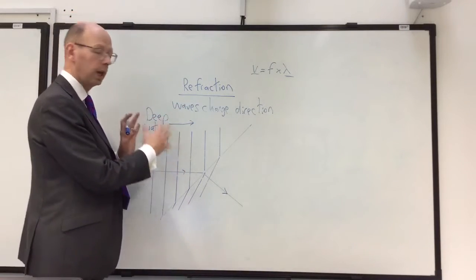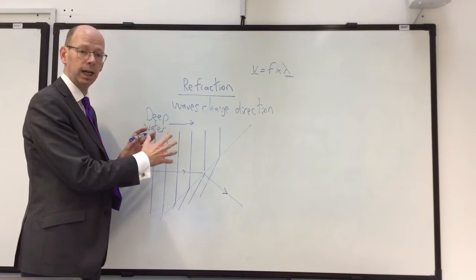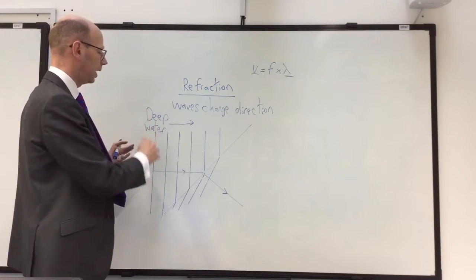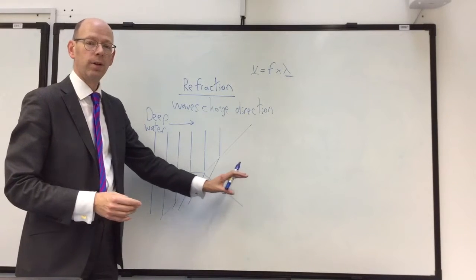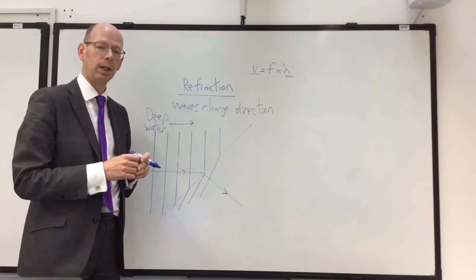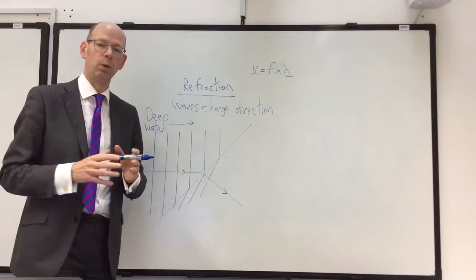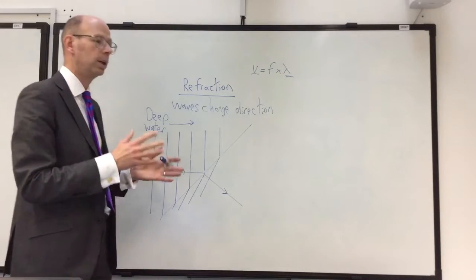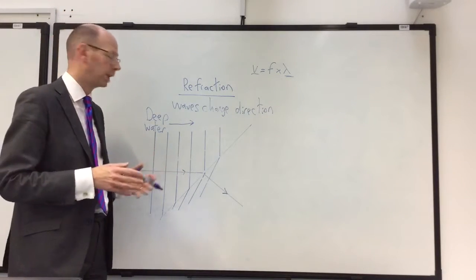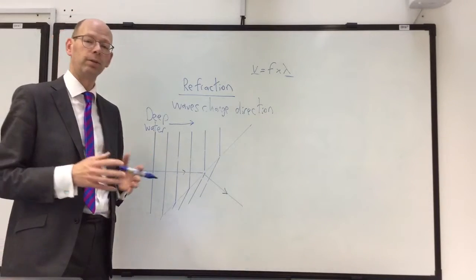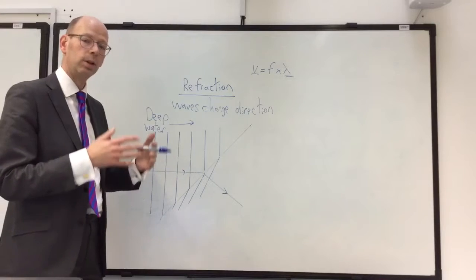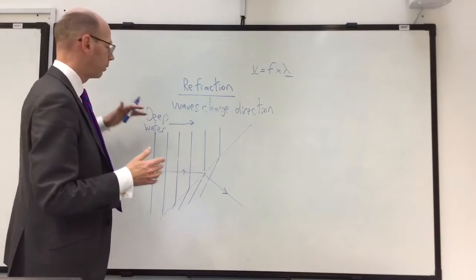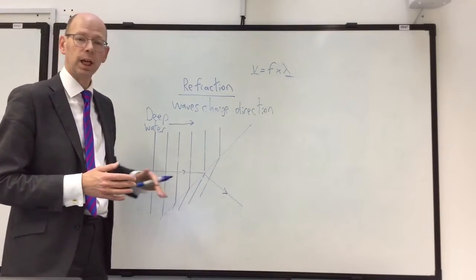If these were now light waves, light rays, travelling, let's say, in air and then moving into something like glass, light slows down when it goes from a less dense to a more dense material. So glass is a lot denser, obviously, than air, so light travels more slowly through the glass, and therefore the light rays slow down, and if they're shone in at an angle, they change direction.